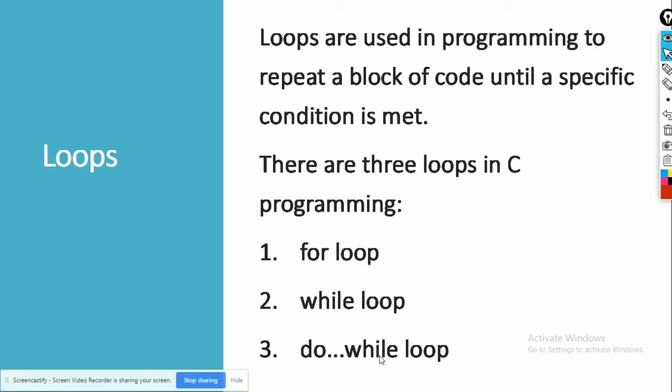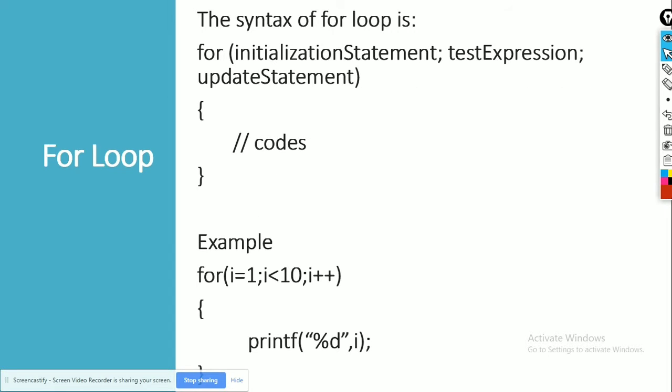Do while also is used for the same. The only difference between while and do while is that do while guarantees execution of the loop at least once. Whereas in while, if the condition becomes false at the beginning only, then in that case you will not get a chance to execute the loop.